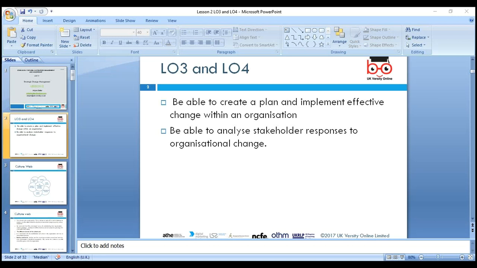So stakeholders. What is the difference between a shareholder and a stakeholder then? Shareholders own the business. Stakeholders are anybody who will be affected by the actions of the company. Brilliant, well done. So stakeholders can be anybody.